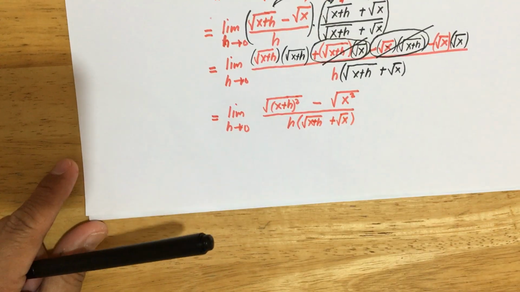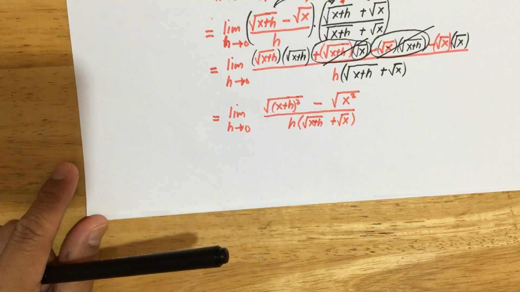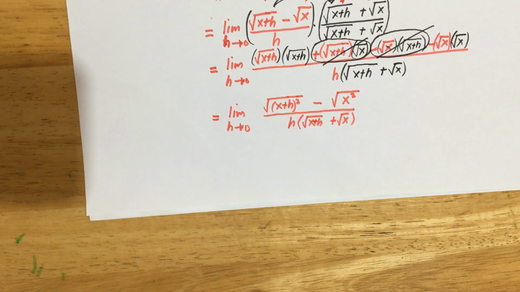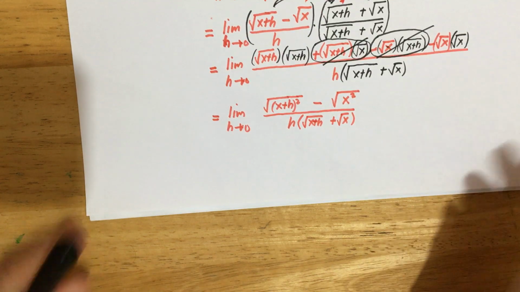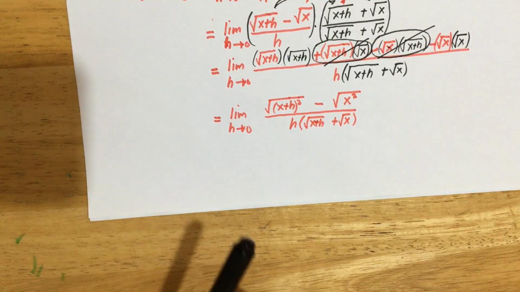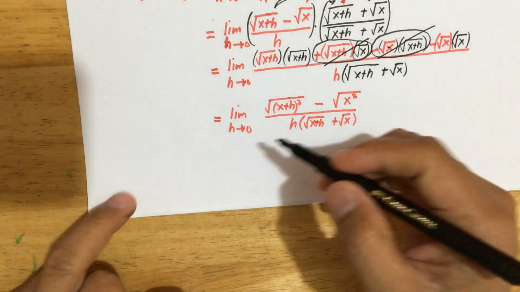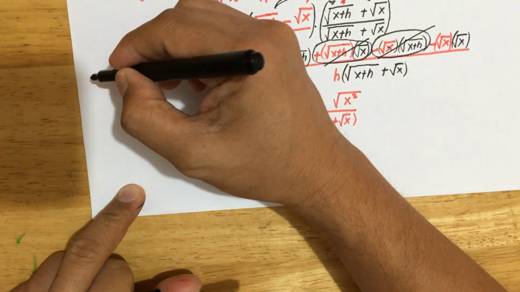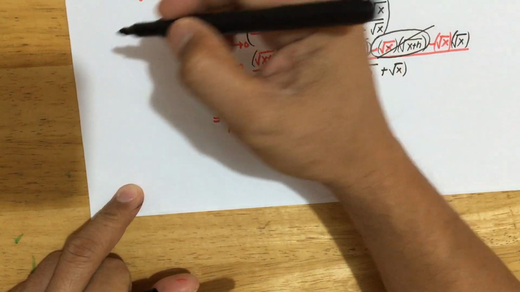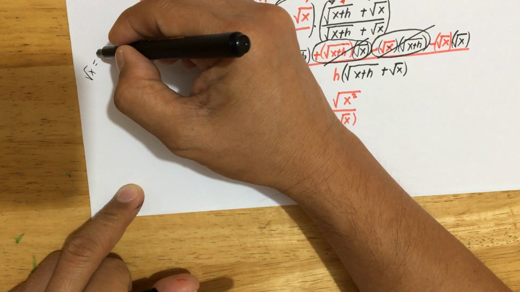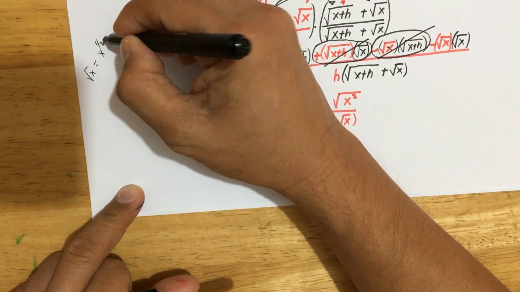As h approaches 0. So from the law of exponents, or from algebra, if you have the square root of x, this is the same as x raised to the power 1/2.